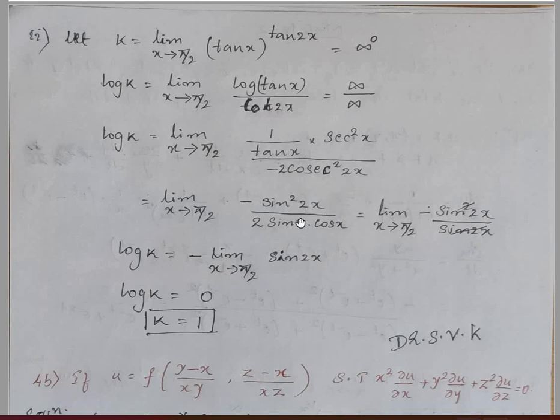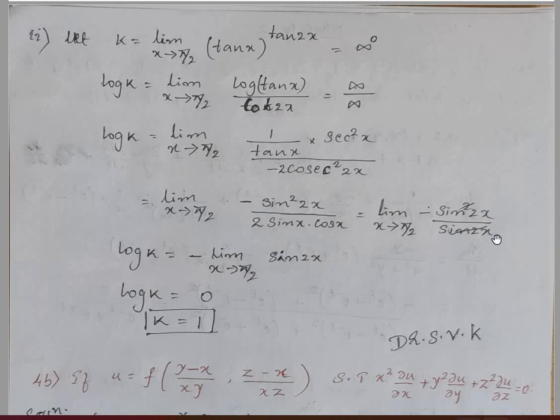Simplifying this, I am going to get 1 over cosecant, which can be written as sine square, and I will rewrite tan as sine by cos. I will rewrite secant square as 1 by cos square x. So cos gets cancelled. The denominator will be 2 sin x cos x. So 2 sin x cos x is nothing but sin 2x.